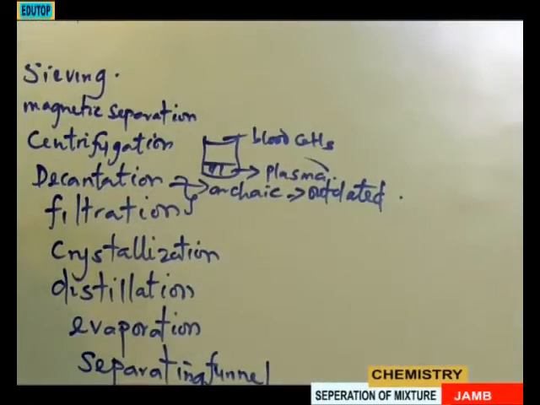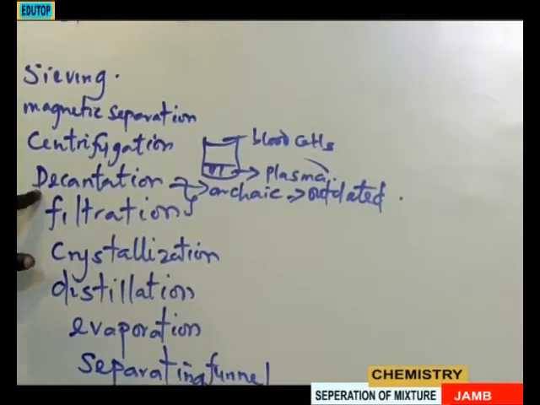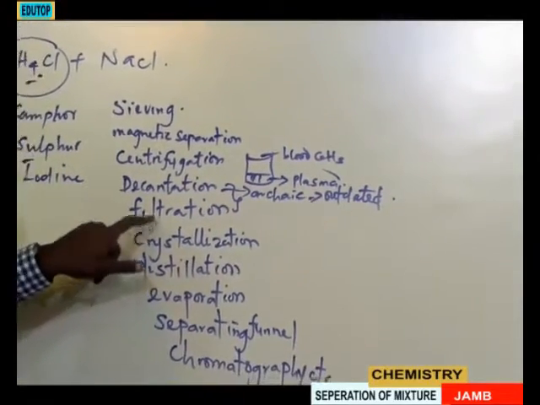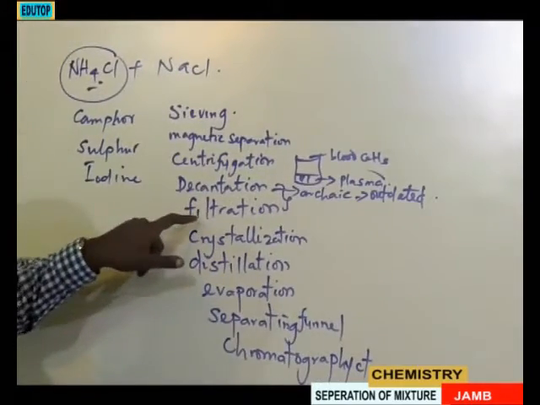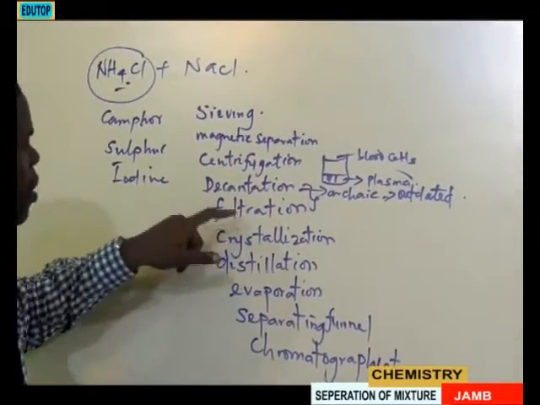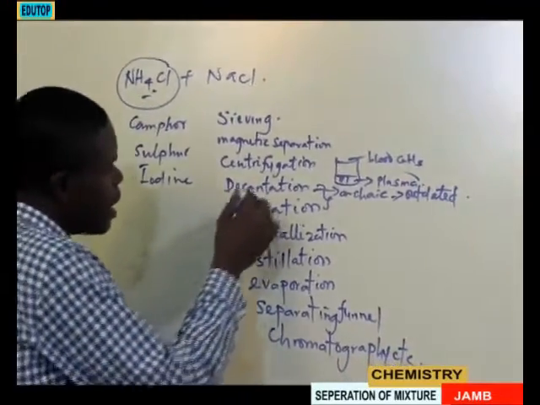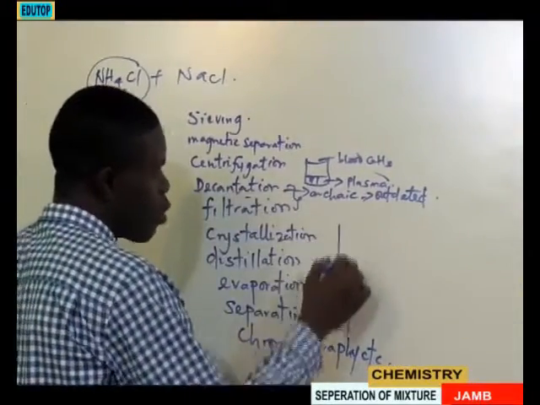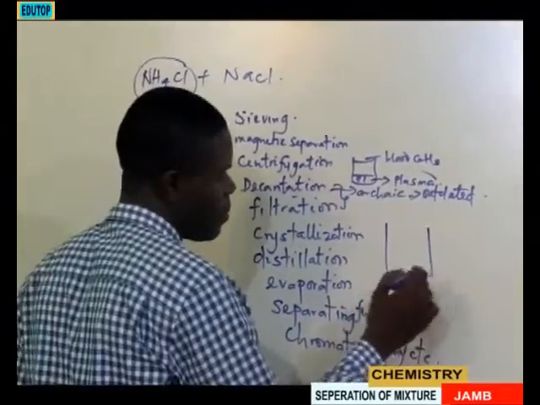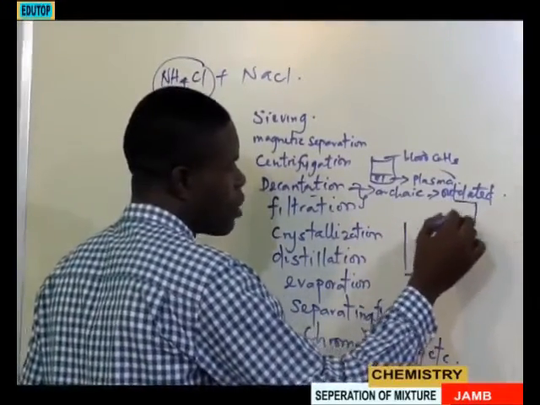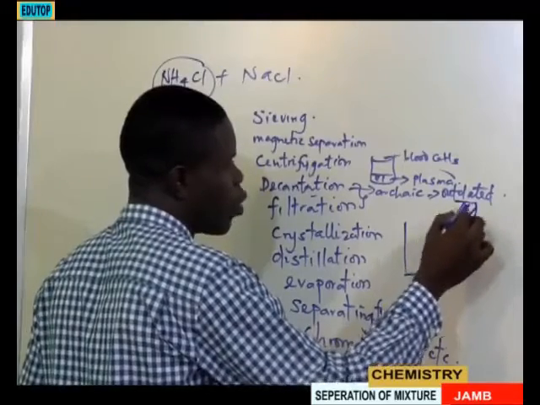Now, in the case of this, it is used to separate insoluble particles from liquids. This one is also used to separate insoluble particles from liquids. And how it does that is, in the case of decantation, you have a process like this, where you have a particular container containing, let's say, the solution.